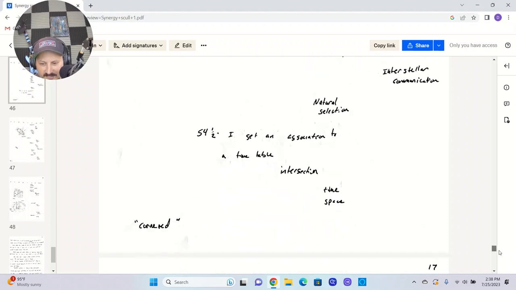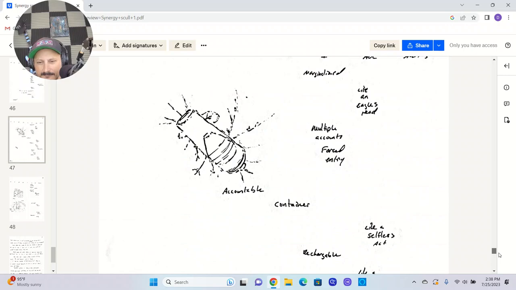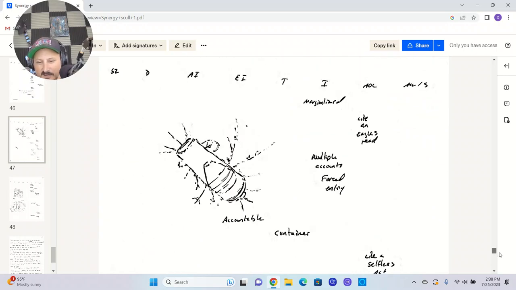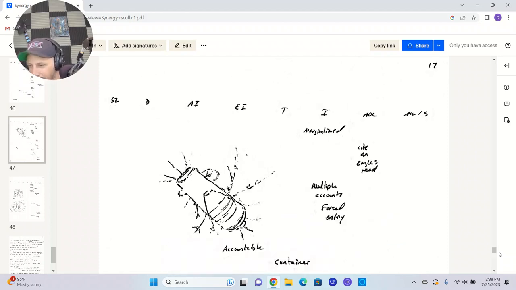I get an association with the timetable, intersection, time, space, cornered. Okay, I get a sense of marginalized. So, again, in my mind, I'm seeing these flash images of almost like native eagle imagery and stuff like that.